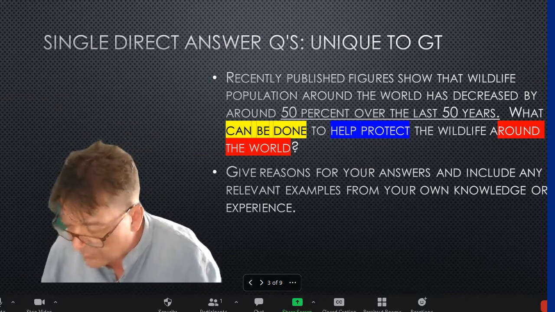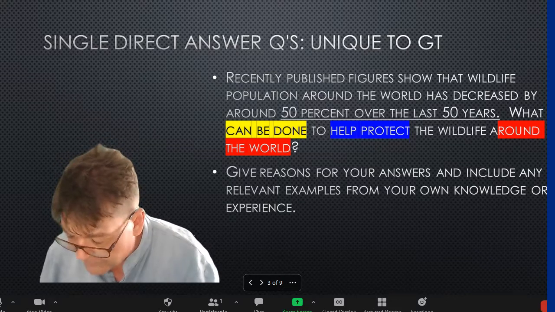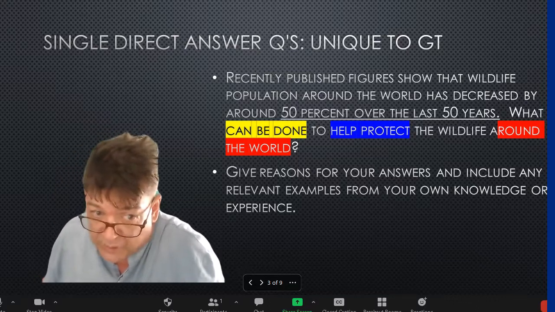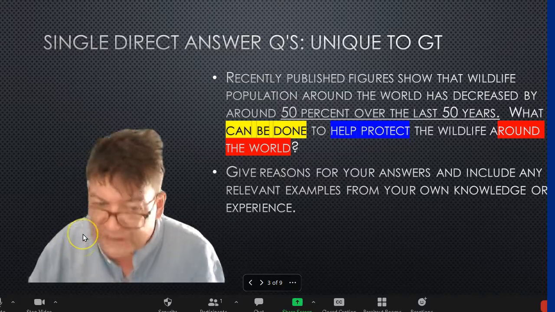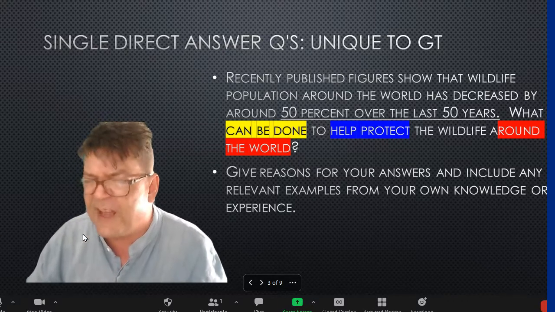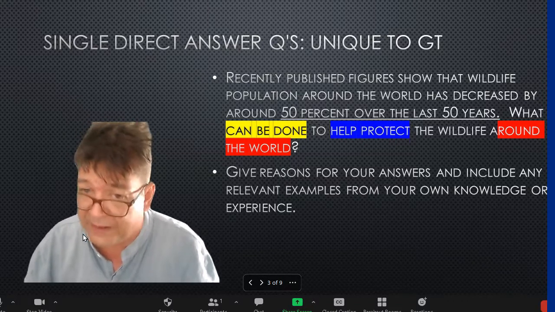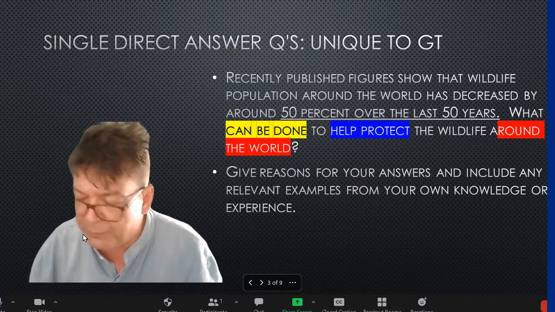Not what must we do or what's the only thing we can do, so it's not obligated. It's just what can be done. To do what? To fix the problem? No, we're not talking about fixing the problem. It's to help. What can be done to help? Just a little bit. To help protect the wildlife where? Around the world. Okay, so it shouldn't be like a local answer.